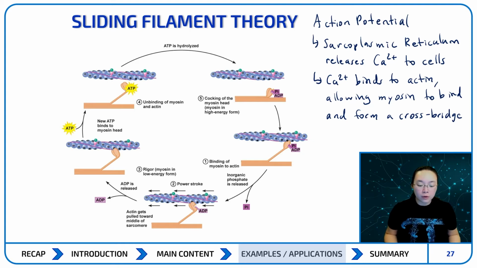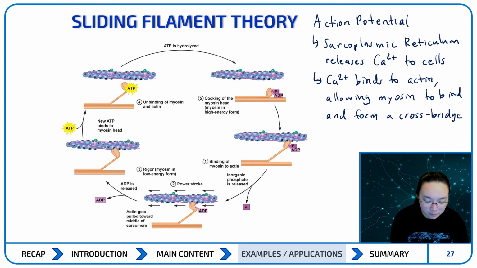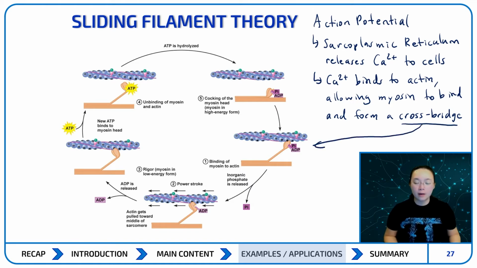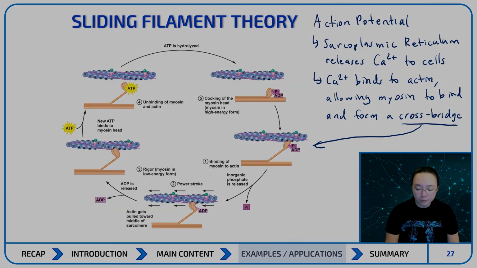Okay, so that cross bridge is represented over here. So we start here at number 1 in the diagram. We've gone from the action potential all the way down to the first step in this cycle.